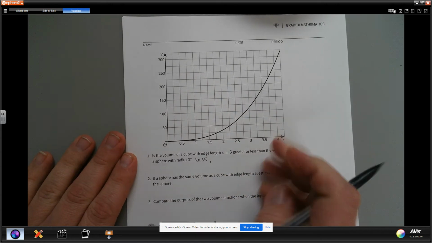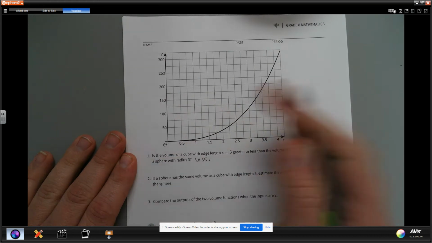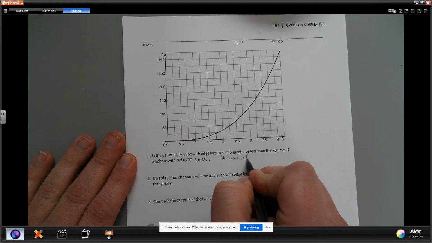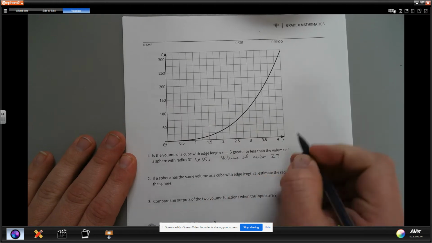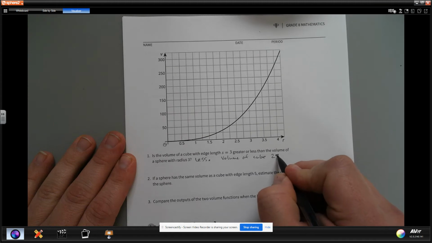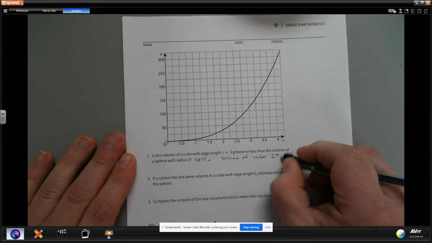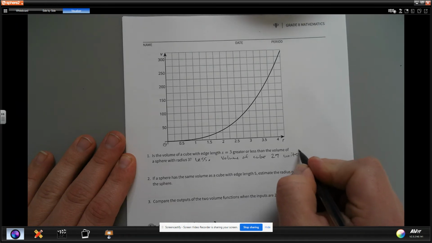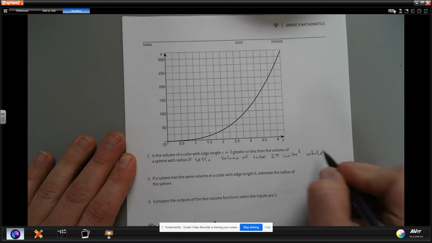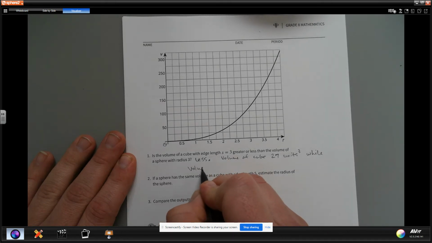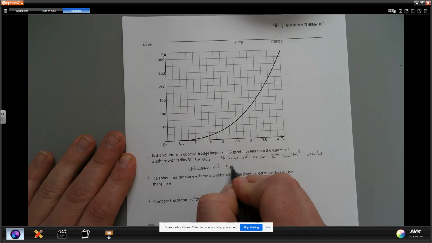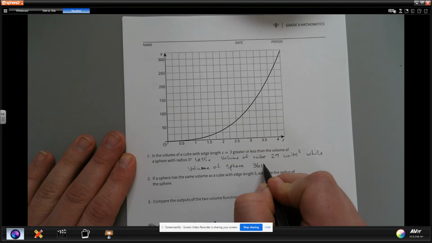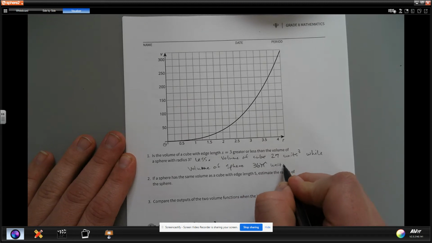And then the reason for that, we would say that the volume of the cube was 27 units cubed, while the volume of the sphere, I don't know if you noticed on there, was actually 36 pi units cubed.